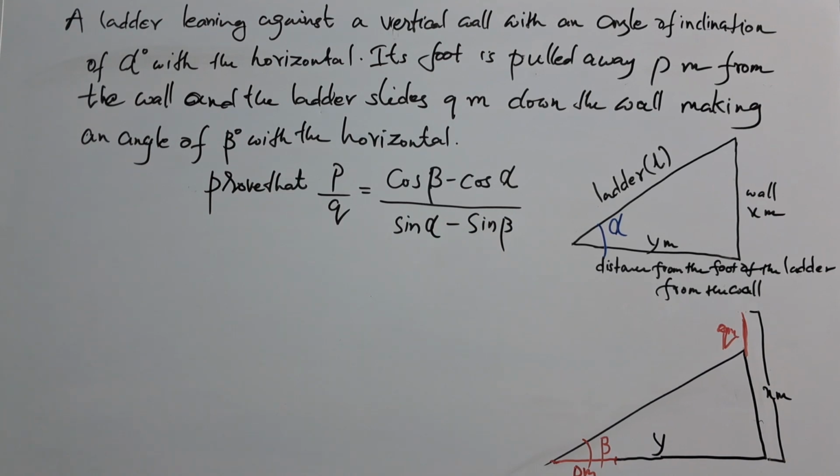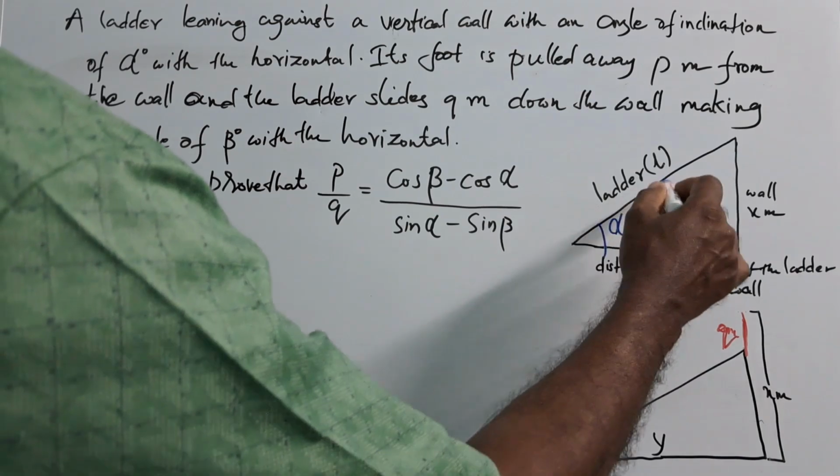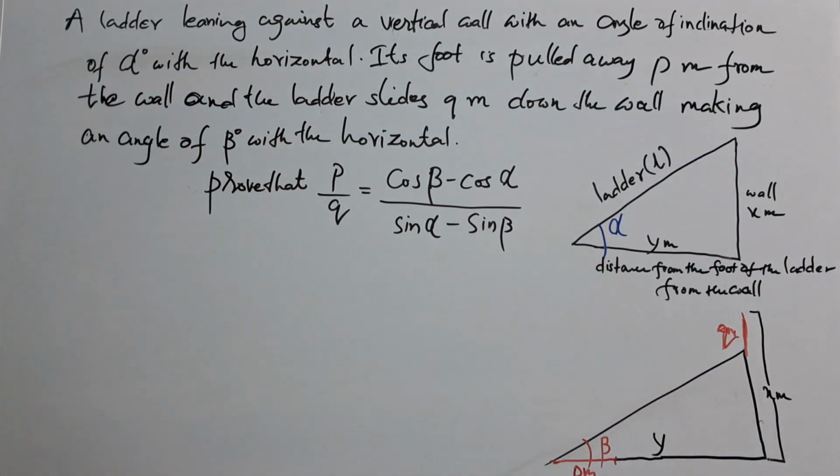A ladder leaning against a vertical wall with an angle of inclination of alpha degree with the horizontal. The ladder is inclined on a wall, and the angle between the ladder and the plane is alpha degree.